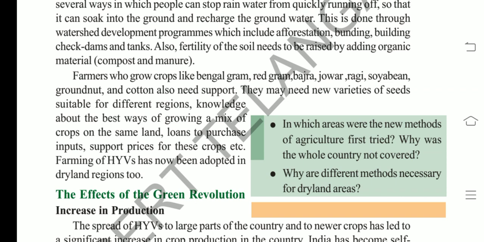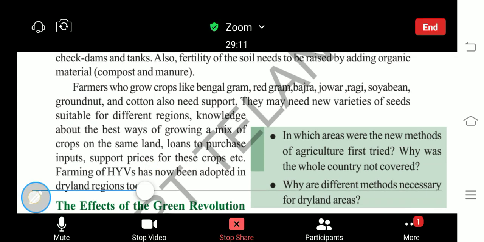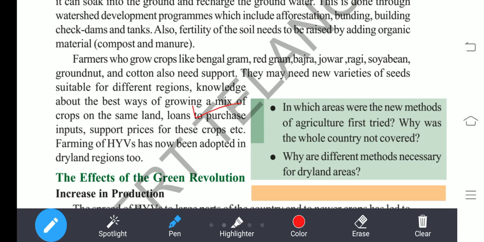And the farmers in India are very small and marginal farmers. They do not have capital with them. So they should be provided capital in time to purchase what they need for cultivating the specific crop. That means loans should be provided to these farmers in dryland areas for their inputs.